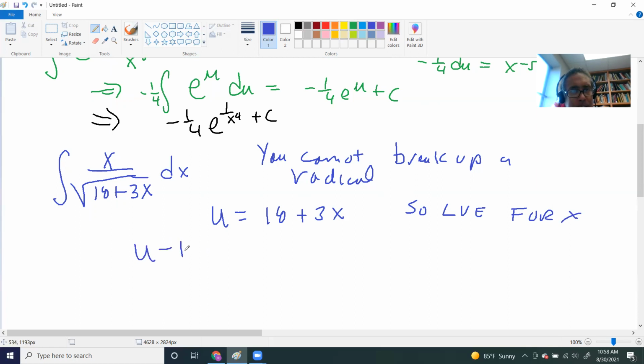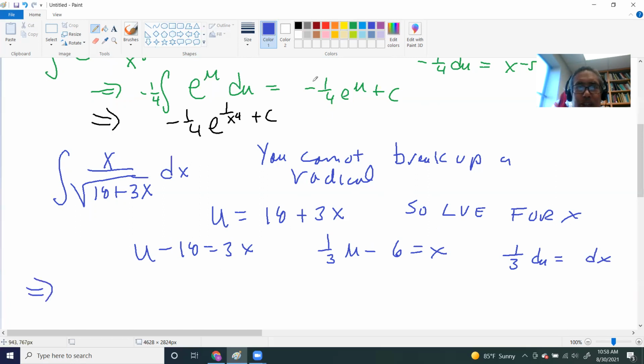So then u minus 18 is 3x, or 1/3 u minus 6 is x. And then 1/3 du is dx. So this whole integral is transformed, and let's just change the color. We have the dx, so that's 1/3 du. The actual x up here is going to be 1/3 u minus 6.